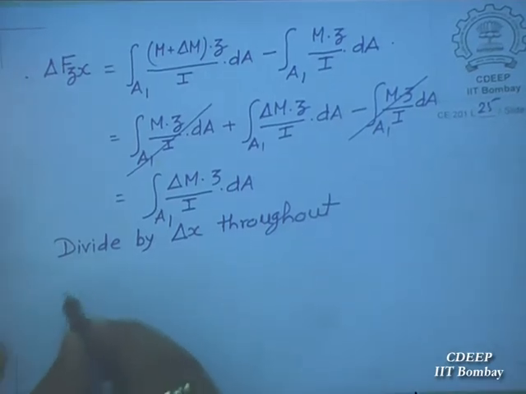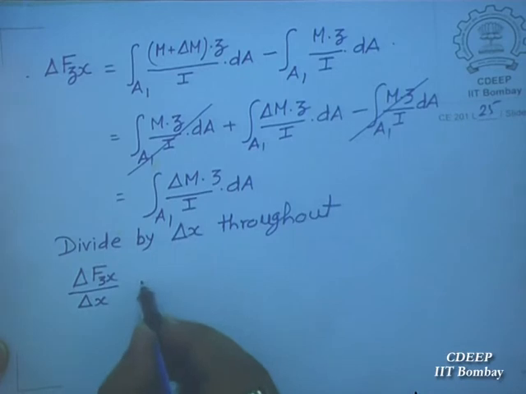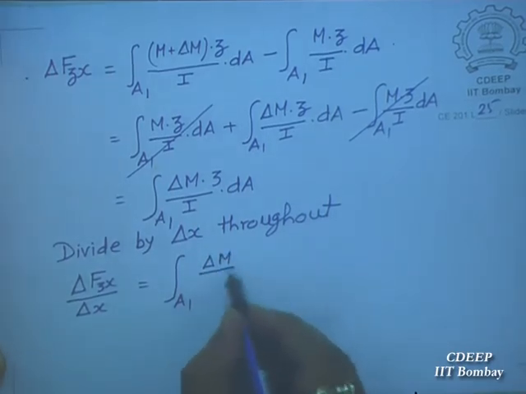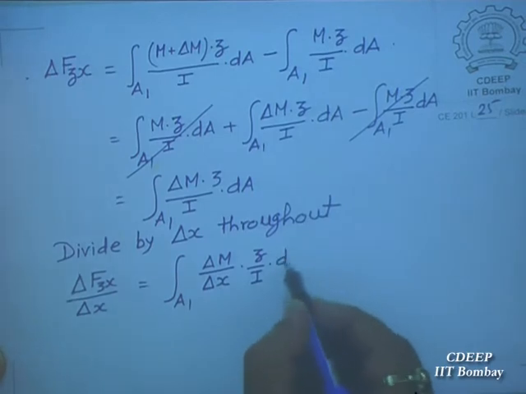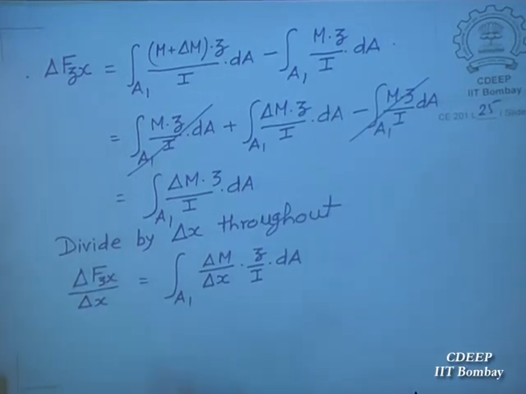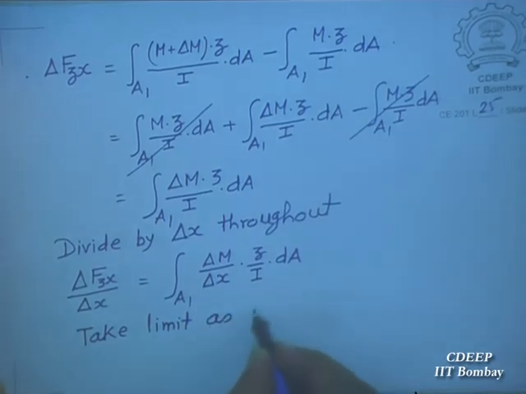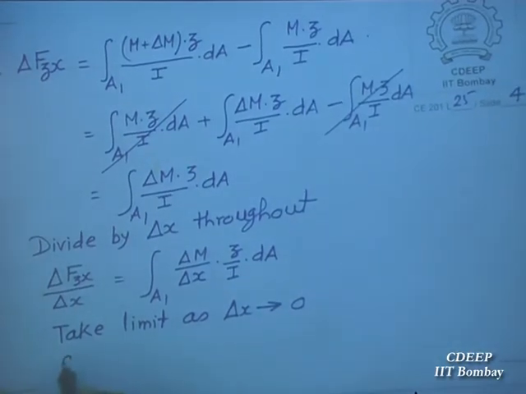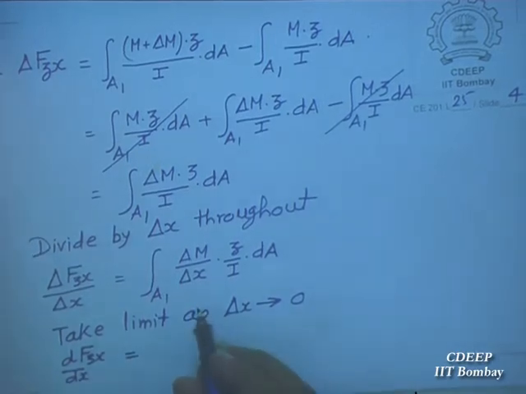So if you divide this and take the limit, you get dm by dx.